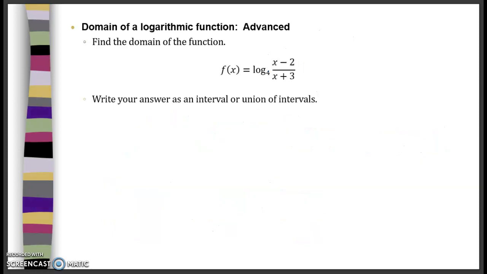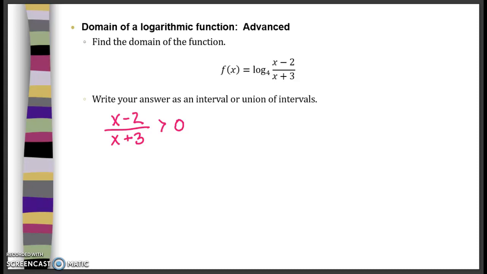Alright, let's do this problem type. What has to be greater than 0 when I'm talking about logarithmic functions? The argument, which in this case is a rational here. So x minus 2 over x plus 3 has to be greater than 0.